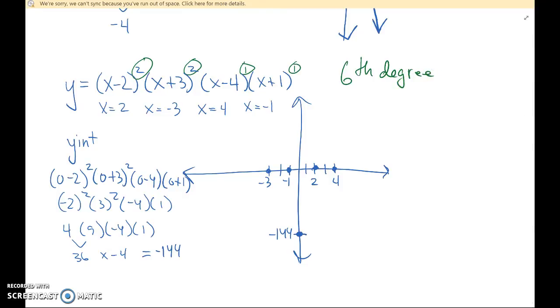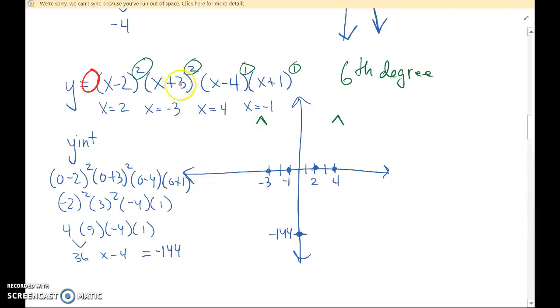And given that there are no numbers out front, we assume that it is a 1. And so it is a positive parabola. So the end behavior is going to start up and finish up. Now pay attention because 2 of these factors had squares on them, so it's going to bounce twice. So just make sure that when you're graphing it, you're paying attention to where it bounces and where it doesn't.